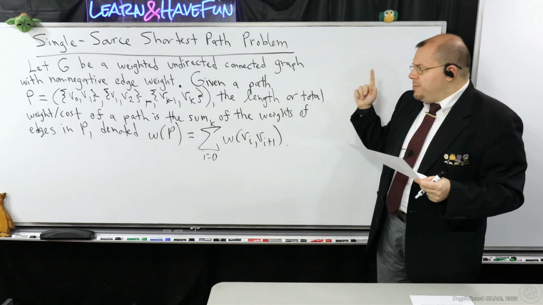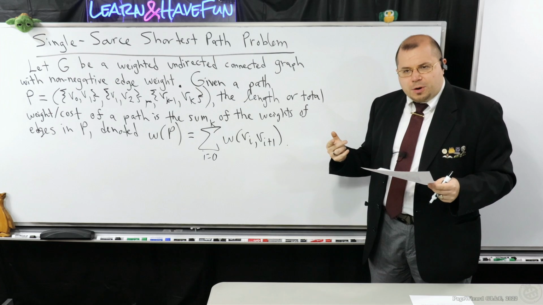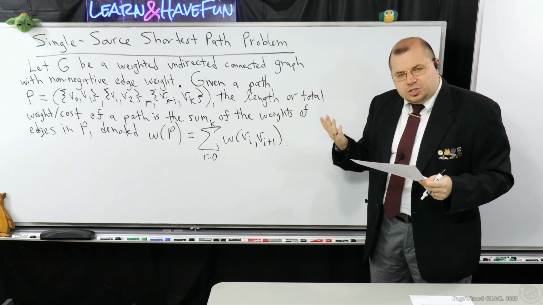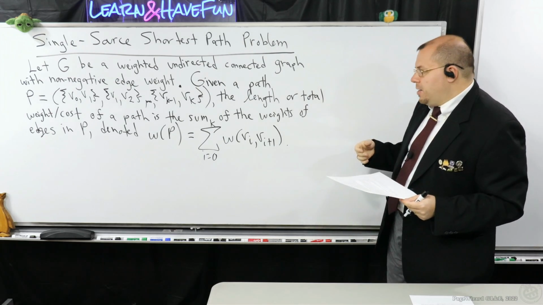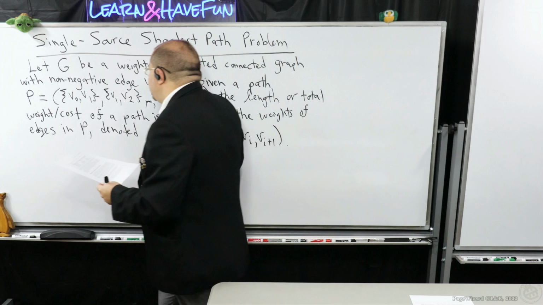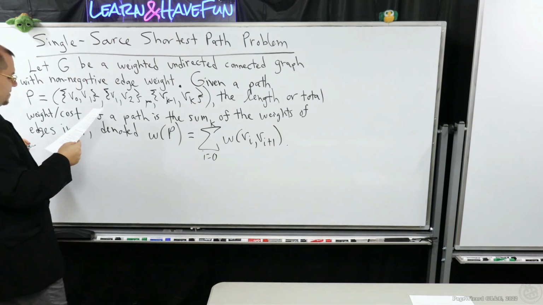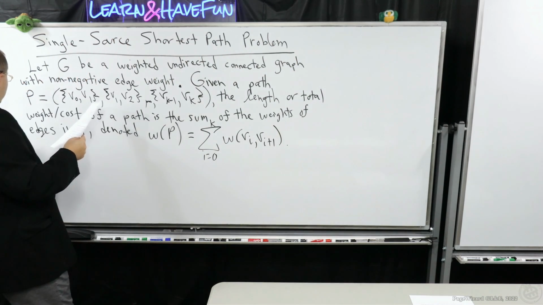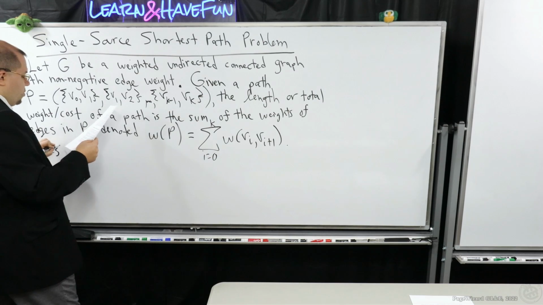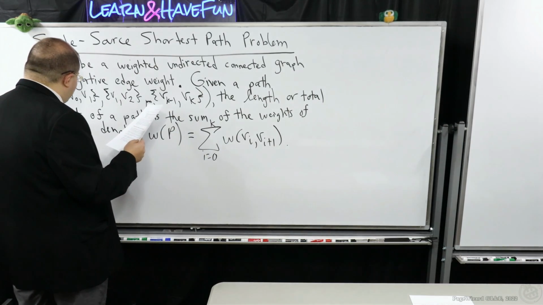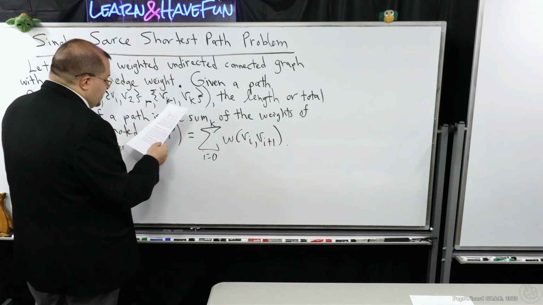So we're going to be studying what we call the single source shortest path problem. And to do this, I'm going to need a little bit of terminology here. So let's get into this. The first thing I need to make sure you are aware of is what is called the shortest s-t path. So imagine I give you two vertices.